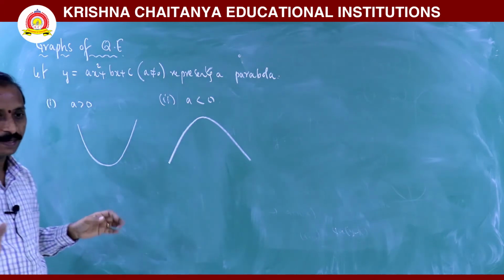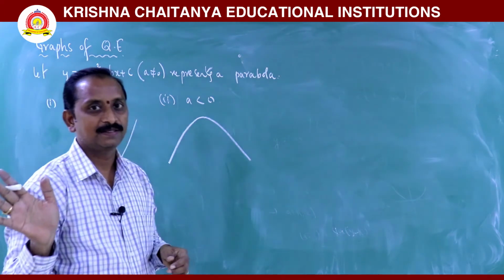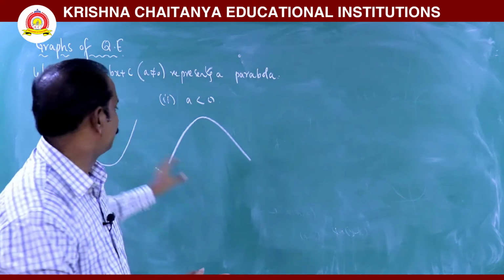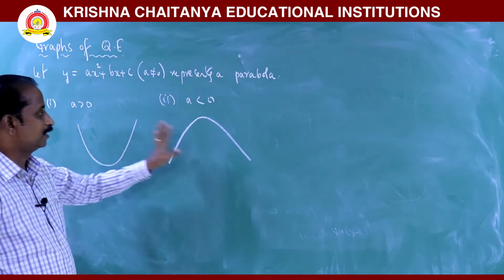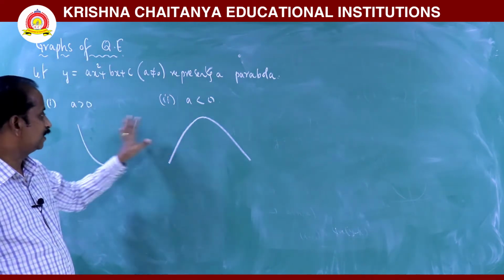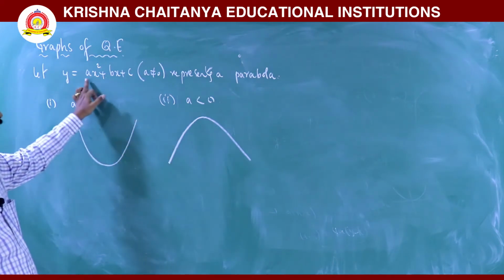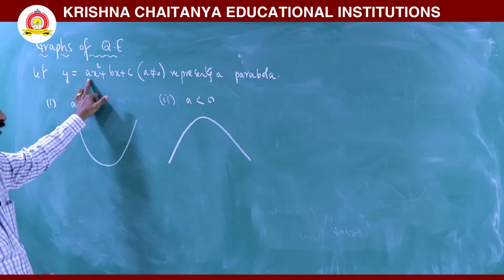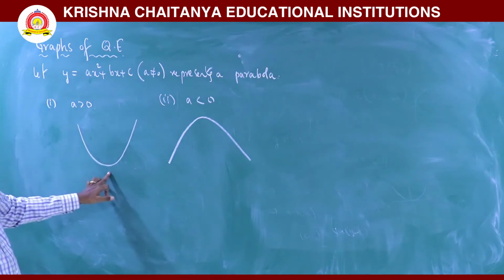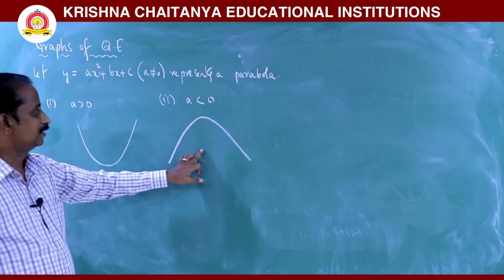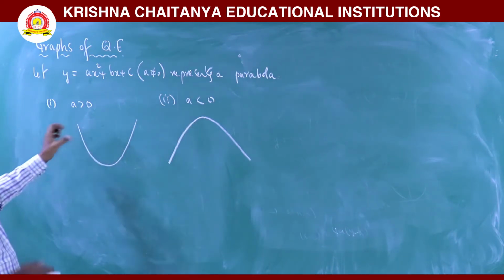So it is clear, any quadratic is either open upwards or open downwards, depending upon the sign of the leading coefficient. If a greater than 0 or a less than 0, these are the shapes.